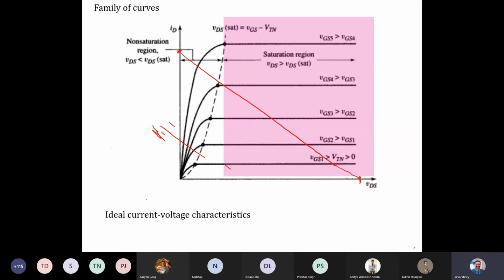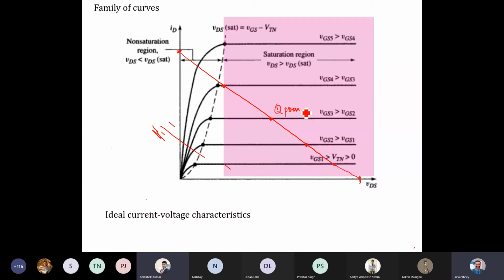We get the point at which it intersects, so whether it is here or here or here. All these points we call the quiescent point.